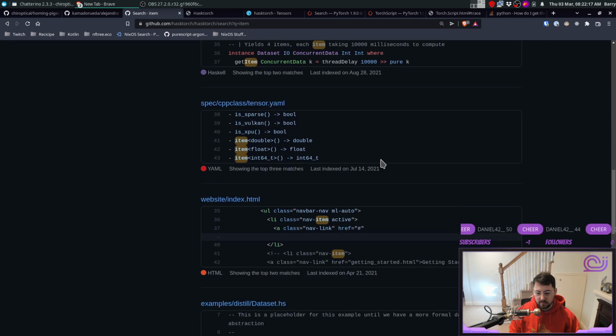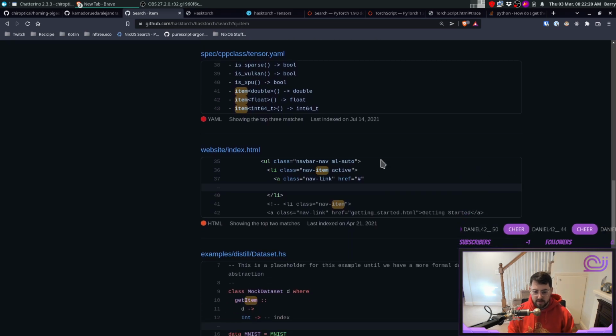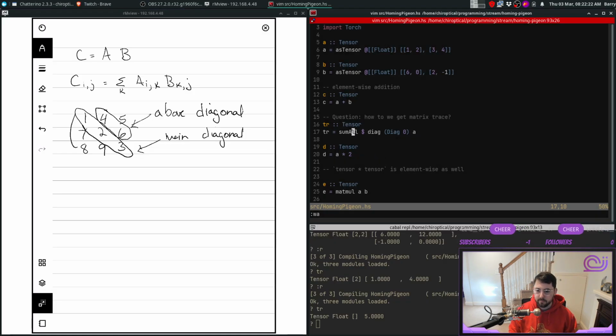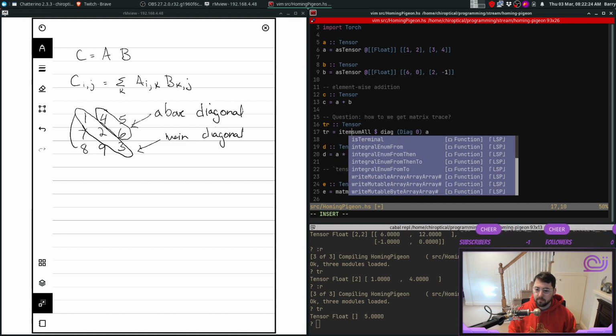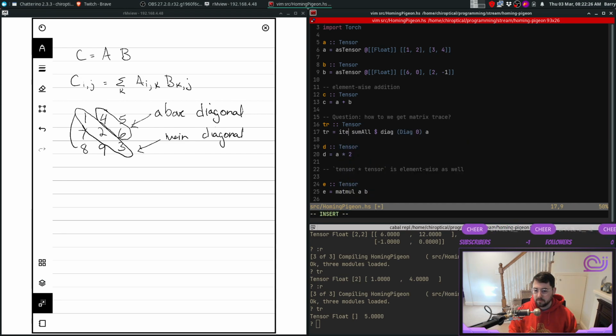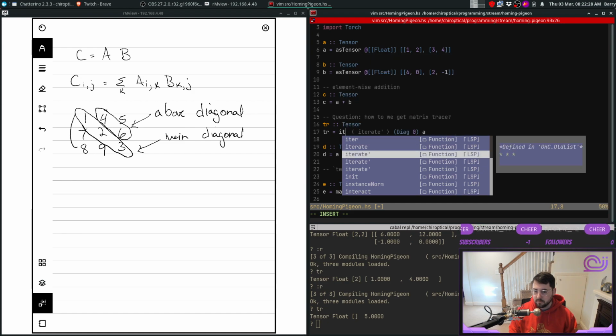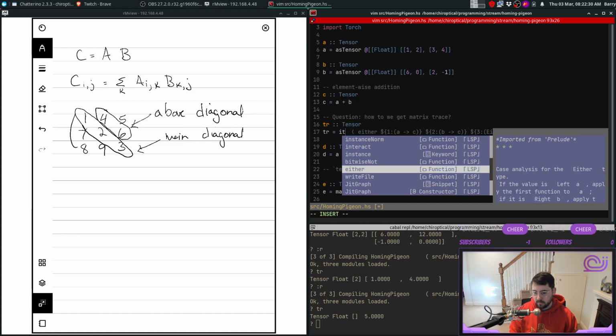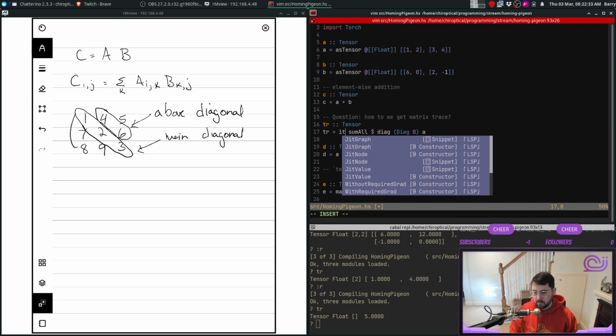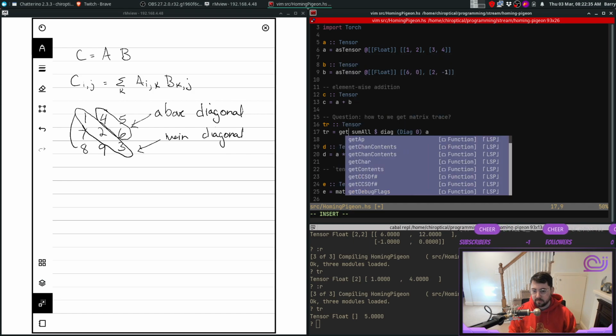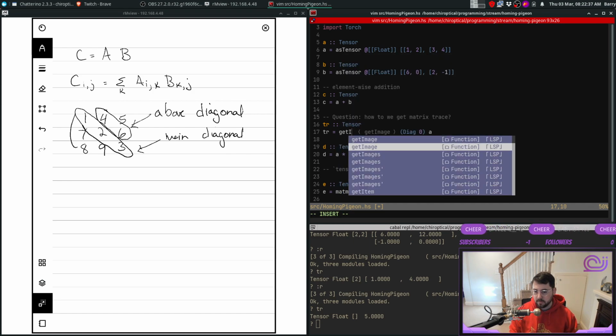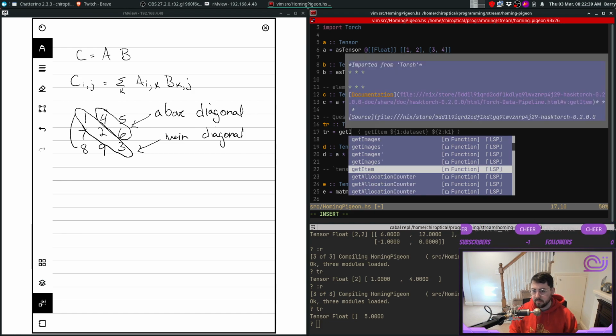Maybe it's just get item, or maybe it's just item. Let's just try item. Okay, so that doesn't exist. How about get item? Okay, so get item is a thing.